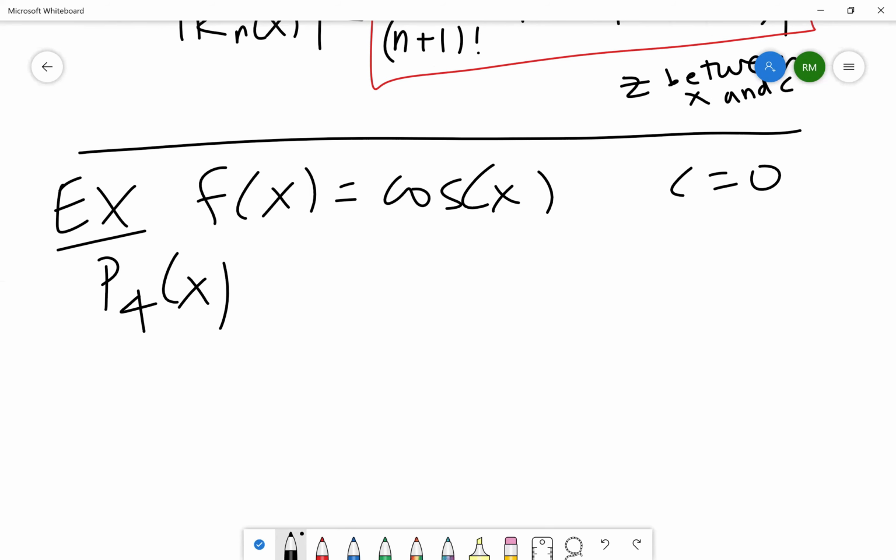And I want you to pause the video and calculate the degree 4 Taylor polynomial of the cosine about c equals 0. So pause the video and go ahead and calculate that. All right, now you've had a chance to calculate it, you probably got something along the following lines.